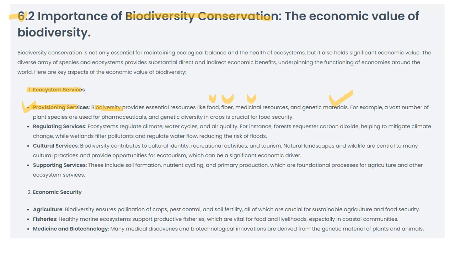All these are the services provided by biodiversity, and these are known as the ecosystem services. The regulating services: it regulates the climate, water cycle, and air quality. So this is the significance. For instance, forests sequester carbon dioxide and help mitigate climate change.